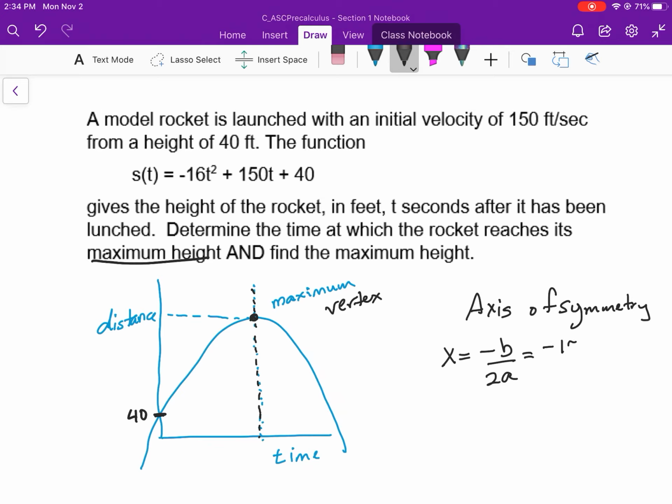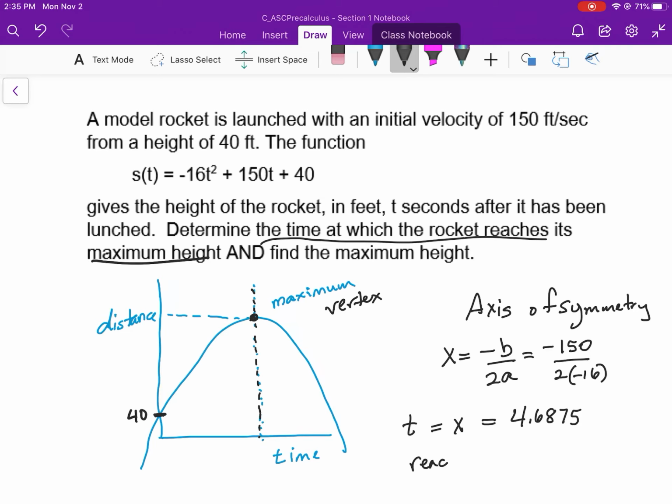Negative b, so negative 150 over 2 times negative 16. So x equals, I forget what that answer is, negative 150 divided by negative 32, and I get x equals 4.6875. So that's really my time, right? My time is that. So that's the time at which the rocket reaches its maximum height.